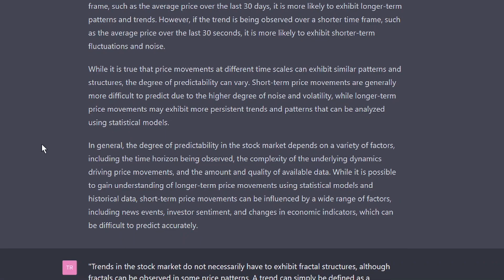In general, the degree of predictability in the stock market depends on a variety of factors, including the time horizon being observed, the complexity of the underlying dynamics driving price movements, and the amount and quality of available data. While it is possible to gain understanding of longer-term price movements using statistical models and historical data, short-term price movements can be influenced by a wide range of factors, including news events, investor sentiment, and changes in economic indicators, which can be difficult to predict accurately.